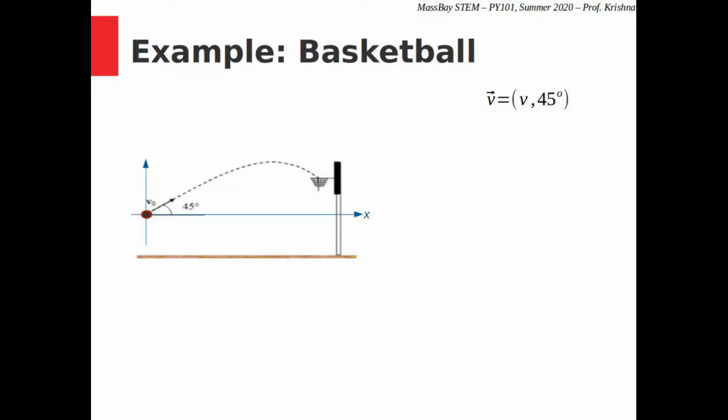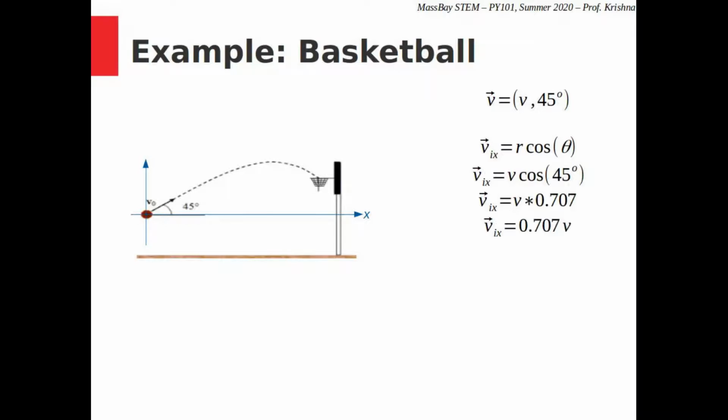Now, let's translate from polar notation into Cartesian notation. The x component would be calculated as v cos 45 degrees. The cosine of 45 degrees is 0.707, so we can say that v initial in x is 0.707 v.